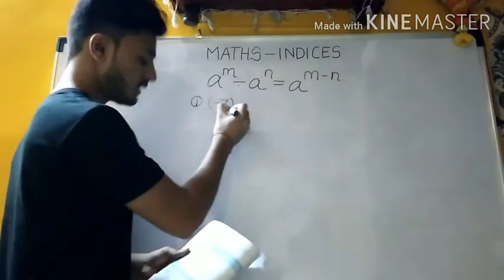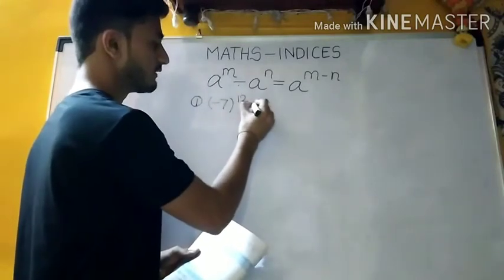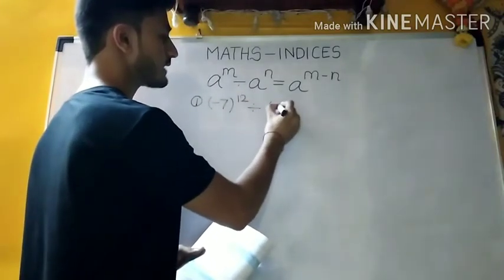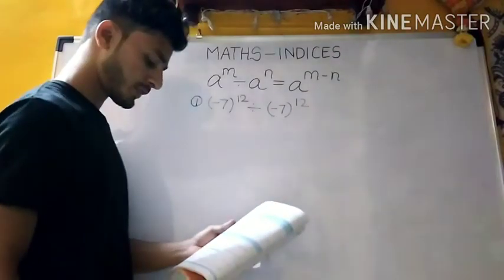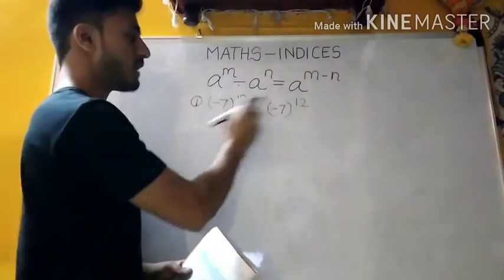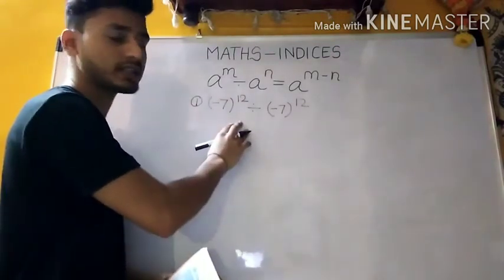The first sum is minus 7 raised to the power 12 divided by minus 7 raised to the power 12. Here if you see, again the powers are same. So this is the third case. This question is for the third case.